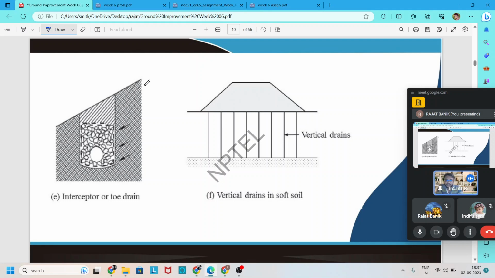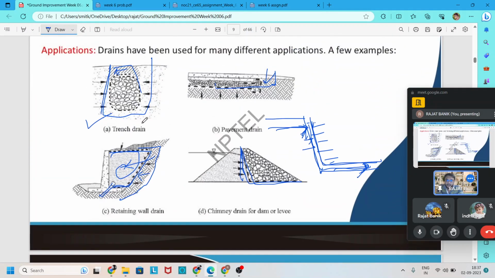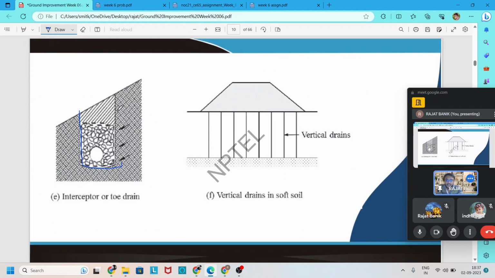So to reduce this force, at the toe, one drainage arrangement like a trench drain, which we already discussed, intercepts this water coming downstream. The water from the hill is collected by this interceptor drain, and through a pipe arrangement, water can be removed from this source.